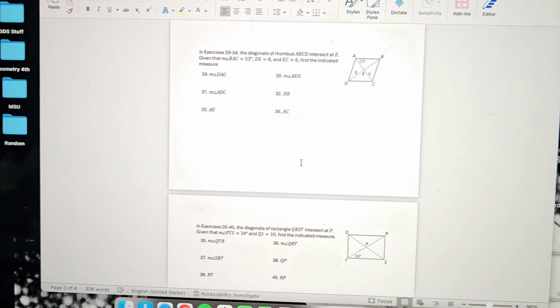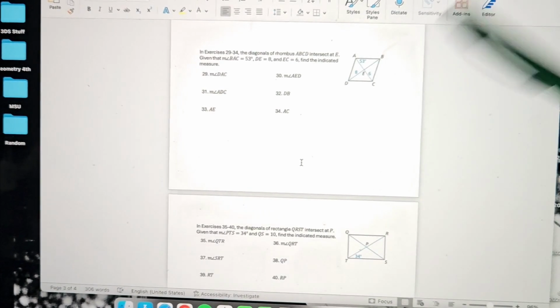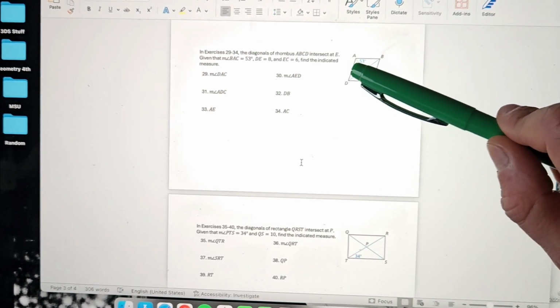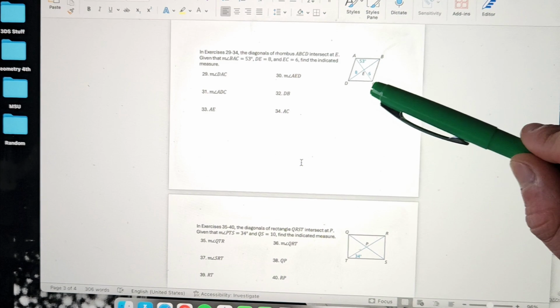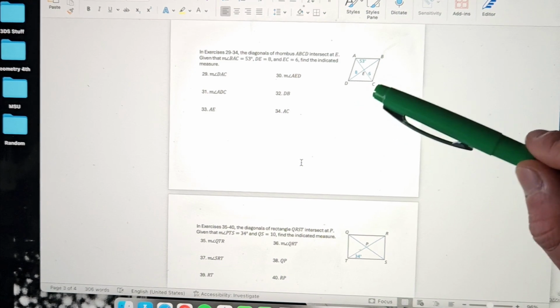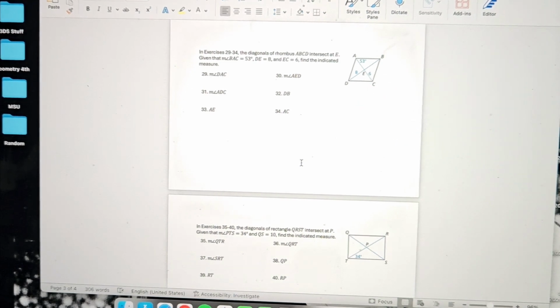That's definitely one. And having the diagonals bisect a rhombus. That's so true, because now I'll have 53B right here for A as well. And then I'll have 53 down here for C, for both of those in C. Oh my God, I gave you some of the answers right there. But in any case, that can help you remember some terms, which is good.